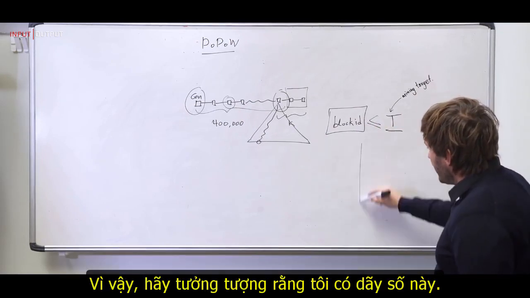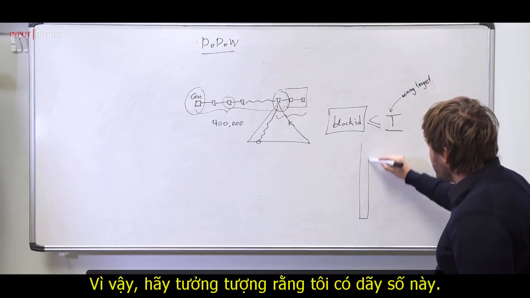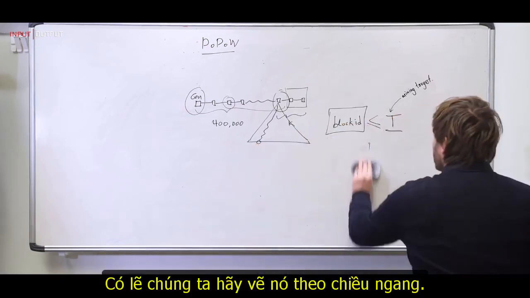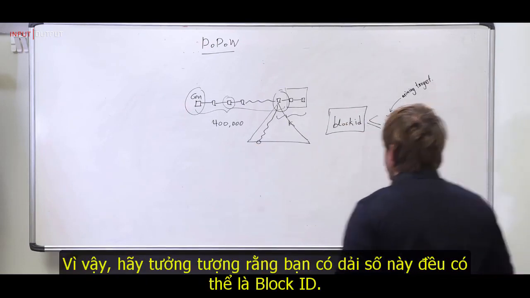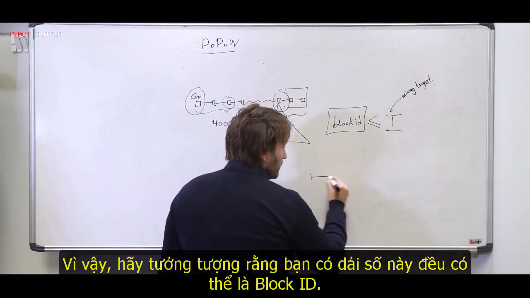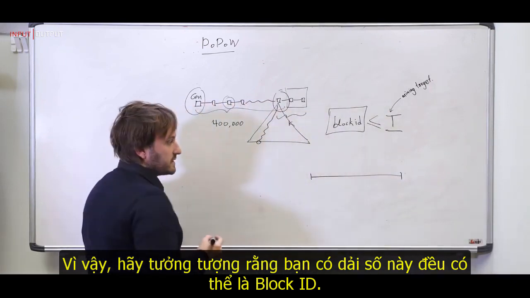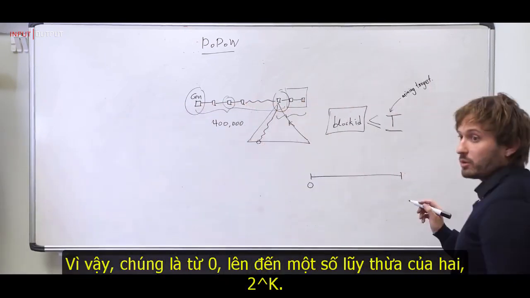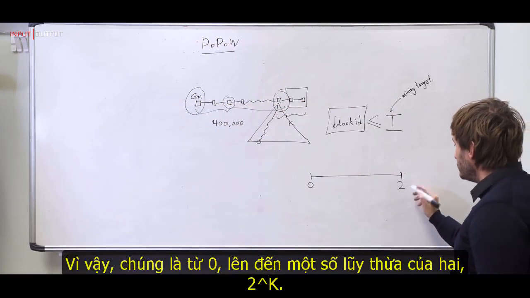So imagine that you have this range of numbers that are all the possible block IDs. Maybe let's draw it horizontally. These are from 0 up to some power of 2, so 2 to the kappa.